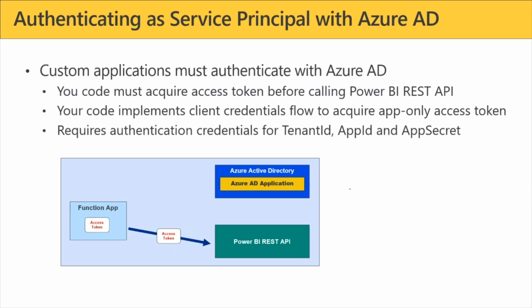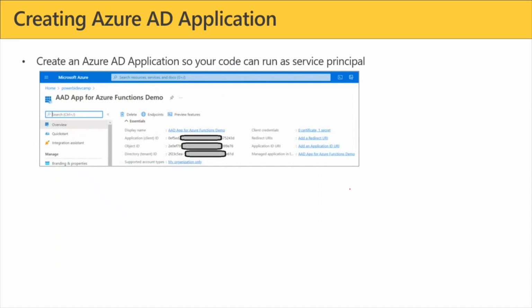Each time I get an access token, especially for service principals like we're going to be doing, it's good for an hour. So typically you get an access token for a service principal once per execution, and we probably wouldn't worry about pooling service principal tokens unless we really had a need to do that.